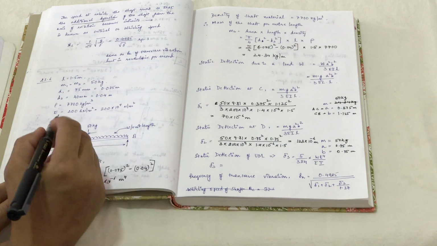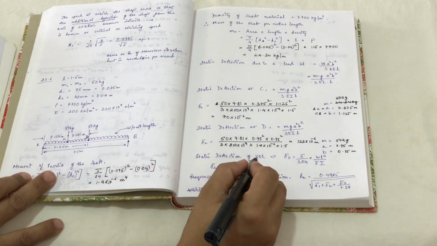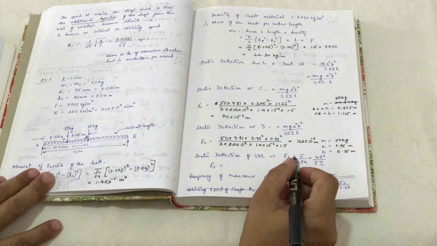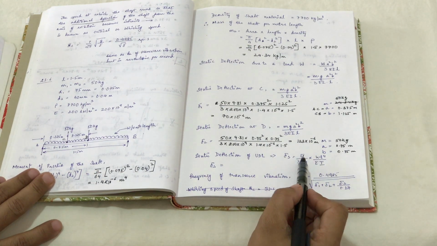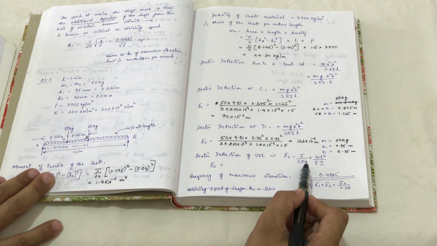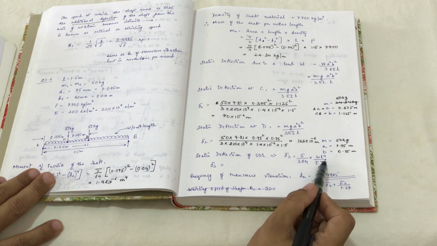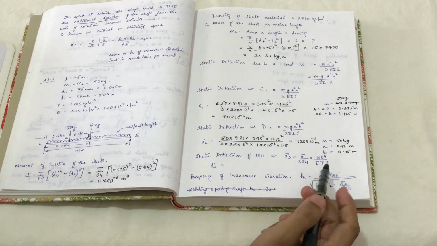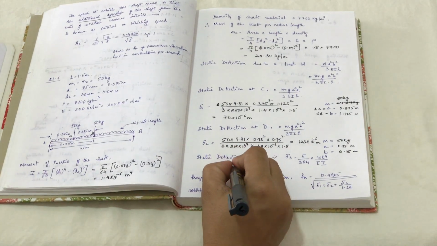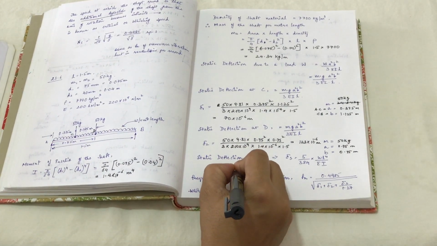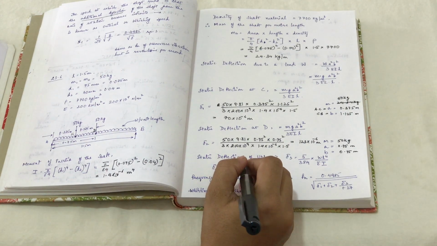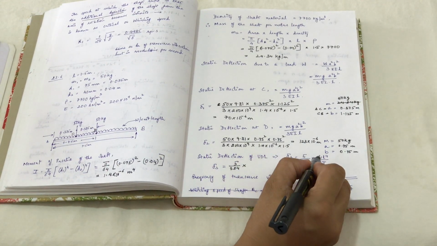Now there are only 2 point loads and one UDL, uniformly distributed load. So what's the formula for a uniformly distributed load? 5 by 384 multiplied by W L power 4 by E I. So 5 by 384. We know the mass.